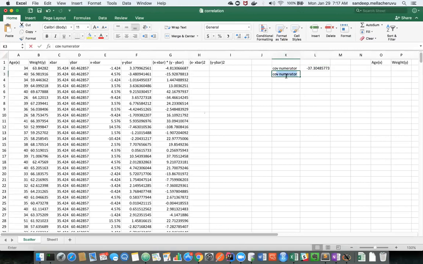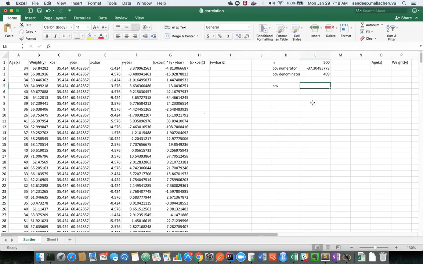And what happens with the denominator? Denominator is fixed. I have 500 data points. Let me keep n here. N is 500. Denominator will be n minus 1. This one minus 1.